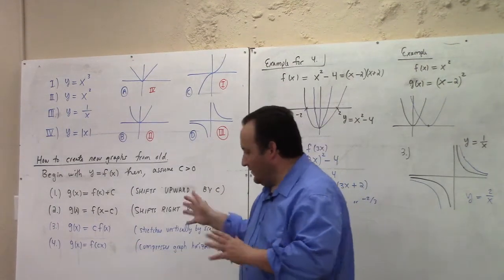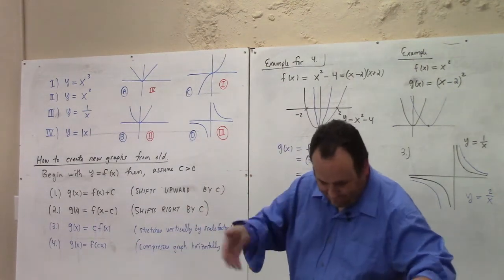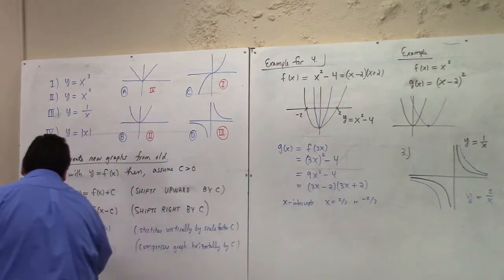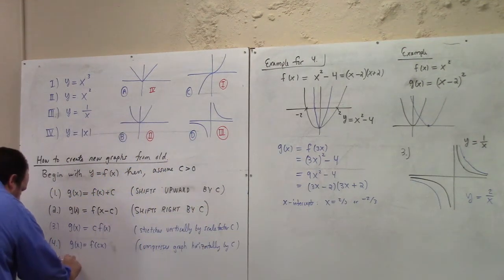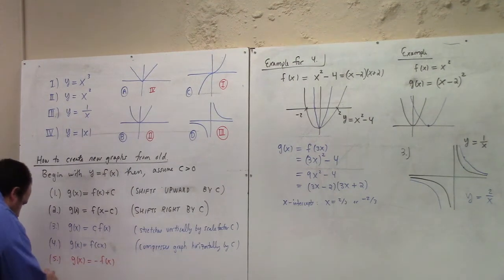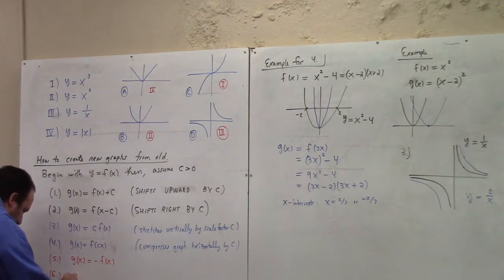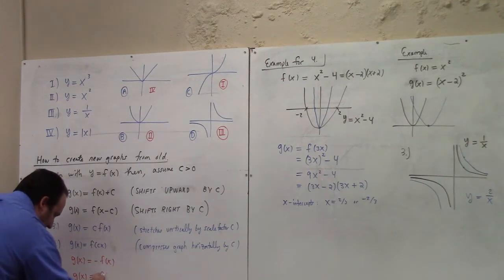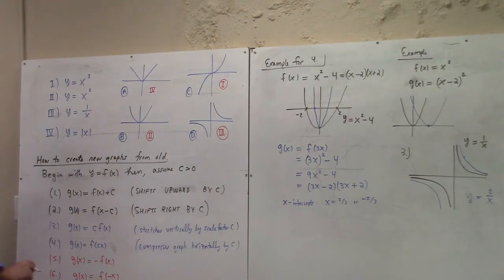Let me look at a simpler case. So 5, g of x equals minus f of x, versus 6, g of x equals f of minus x. This is easier to think about. So g of x equals minus f of x, what's that do? That flips the graph over the x-axis.